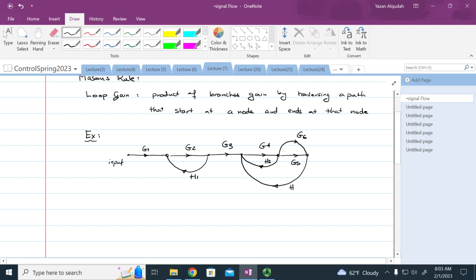And we have H3. So this is a signal flow, with input and output.